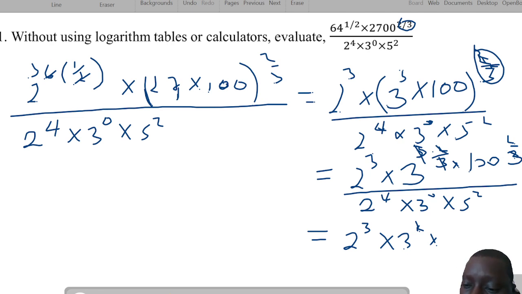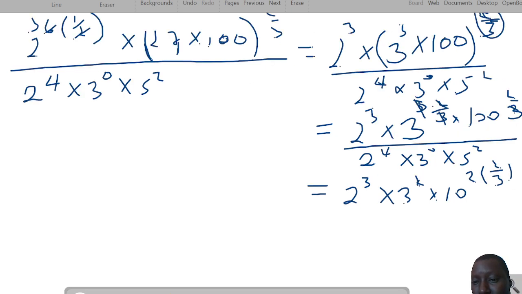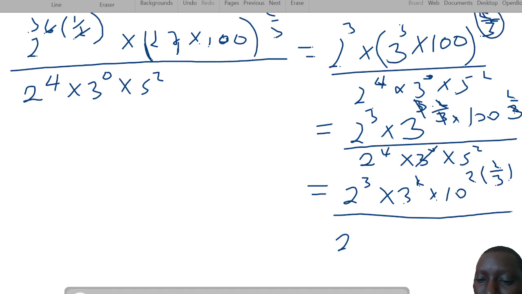So we are now going to have 10 power 2, then all this 2 over 3. 3 power 0 is 1, so let us not keep carrying 3 power 0. Now our denominator will be 2 to the power of 4, then times 5 to the power of 2.